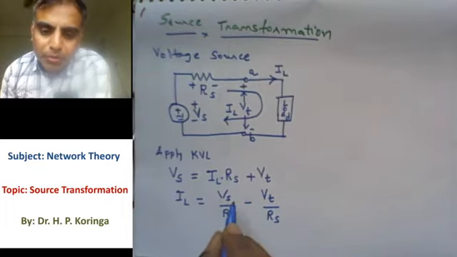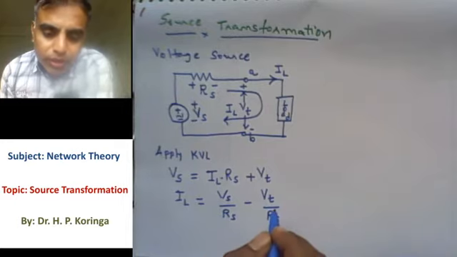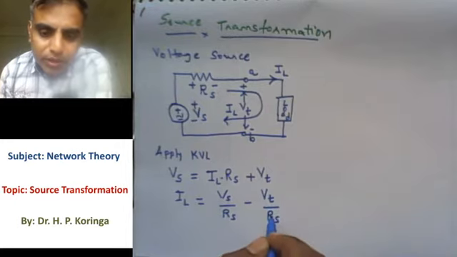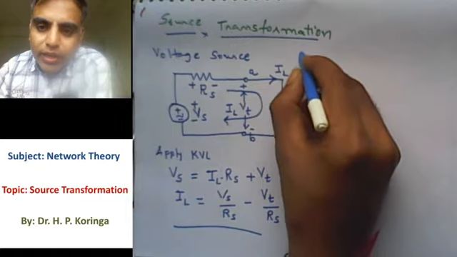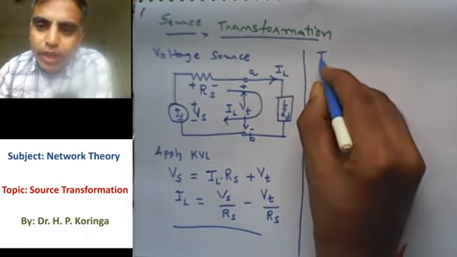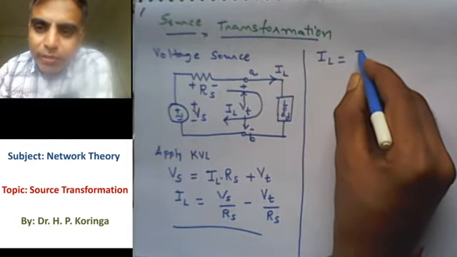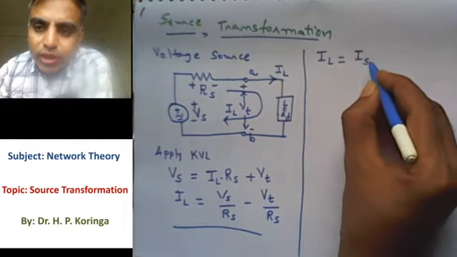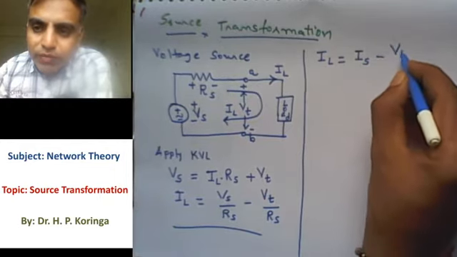IL is equal to Vs divided by Rs minus Vt divided by Rs. If we do its synthesis, meaning we prepare the circuit from this equation, then IL is made of two currents. One is Vs divided by Rs, which I call the source current Is, and minus Vt divided by Rs.